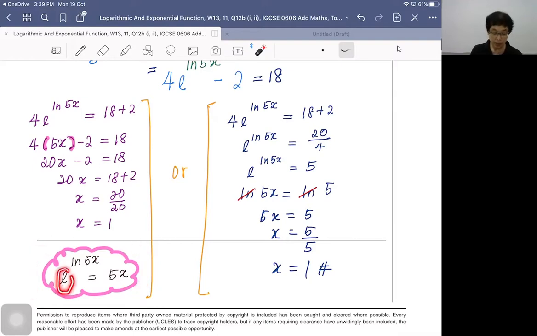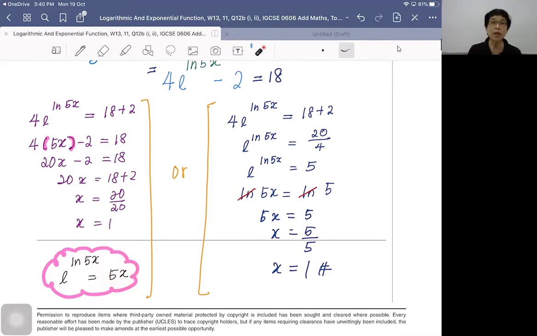When there is the base e to the exponent of log base e, they are inverses of each other. They cancel each other out. Therefore, you get back the original input, which is 5x.